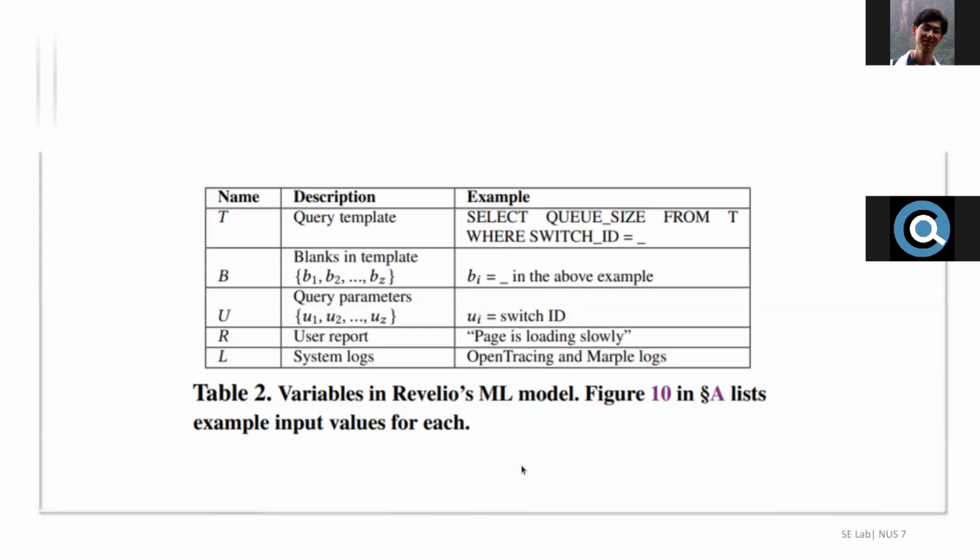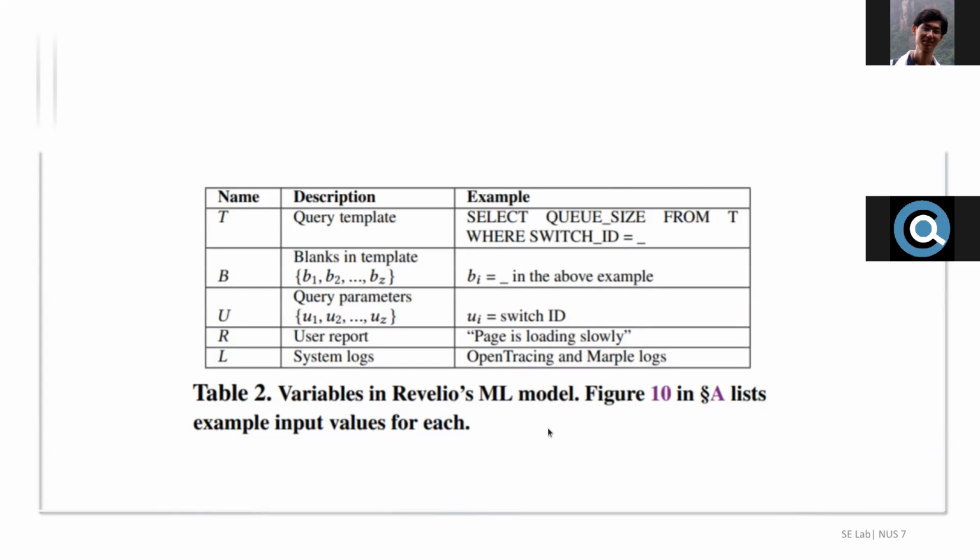All right, so these are some examples. By query, I mean it's some kind of query language, right? In this case, it's SQL. So we have select something from something, and the template will have blanks, and the blanks are these underlined dashes, and these underscores will be populated later on.